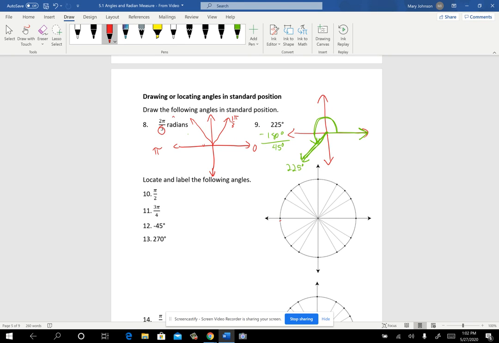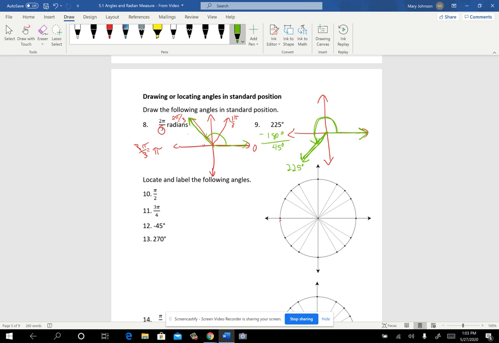This would be 2 pi over 3. This would be 3 pi over 3, but that just reduces to pi. Okay, so the angle that goes from here around to there would be 2 pi over 3.